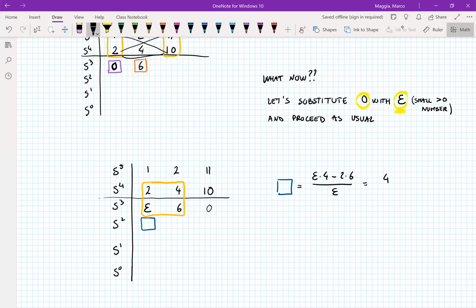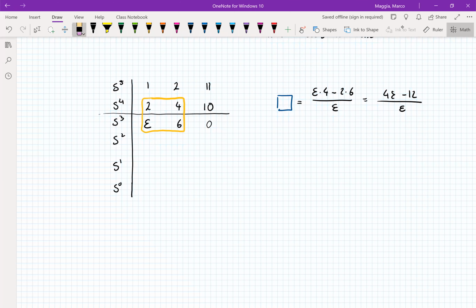And so we have 4 epsilon minus 12 divided by epsilon. All right, then let's move on to this coefficient.